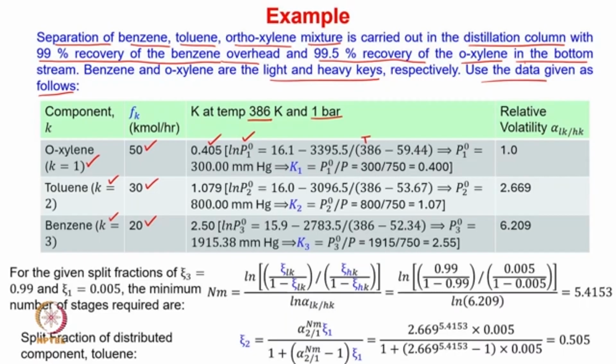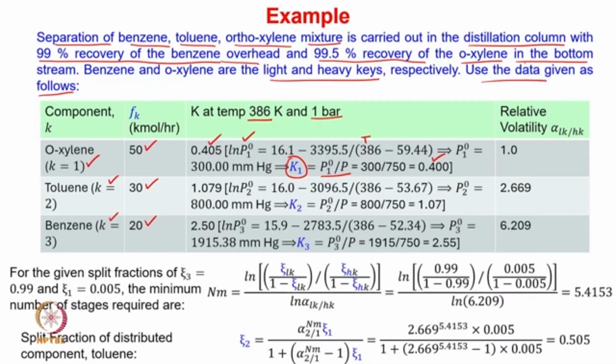Once we get the vapor pressure, we can obtain the equilibrium constant K1 as P1 naught by P. Using this equation the equilibrium constant comes to around 0.4, so the same is taken here, 0.405.